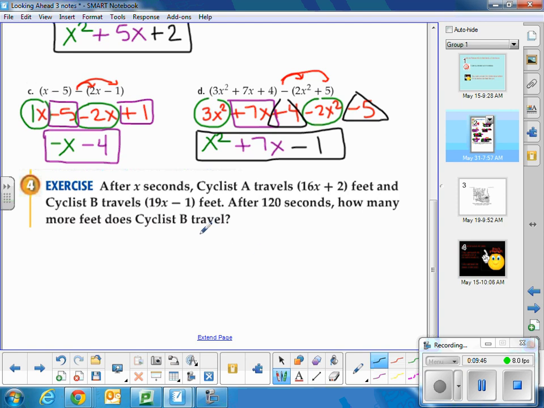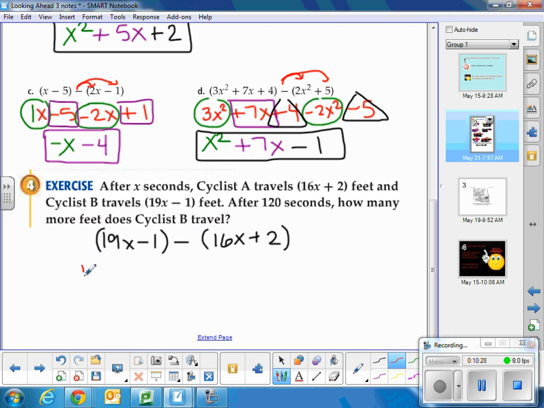Well, let's first of all start by figuring out the difference between the two. If we want to figure out how many more feet cyclist B travels, let's take cyclist B, and then we are going to subtract cyclist A. Now, just like the previous examples, when we write this subtraction problem, we have to subtract everything in this second set.